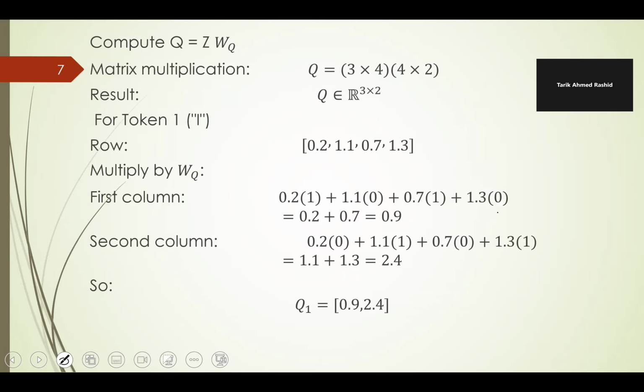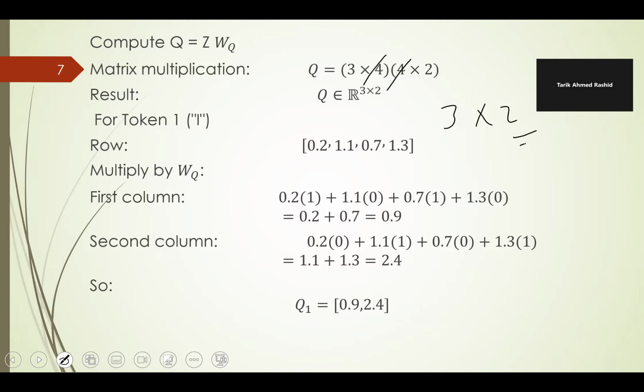Now let's compute Q. The input Z that we have, multiplied by the weight matrix WQ. Z is 3 by 4 and WQ is 4 by 2, so the inner dimension will be removed, and we should have the product as a 3 by 2 matrix.